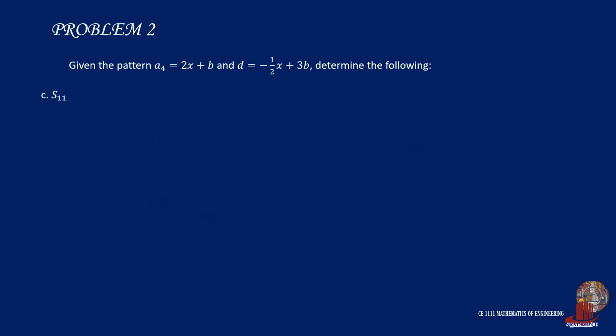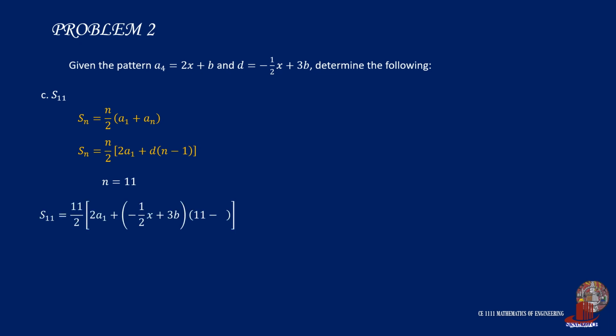For the summation of the first 11 terms, we can use the two formulas provided. But with the same case of not knowing what the final term is, we should just focus on using the second equation. With n as 11, the formula turns out as 11 halves of twice of a1 plus d, which is negative half of x plus 3b, times n minus 1, which is 11 minus 1.